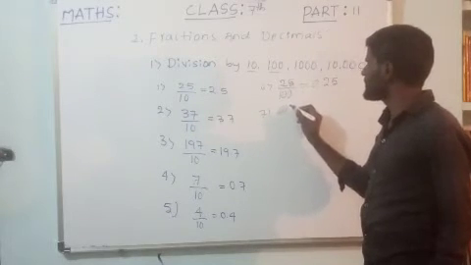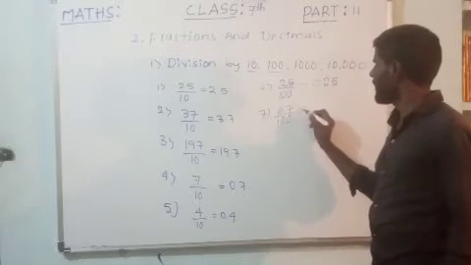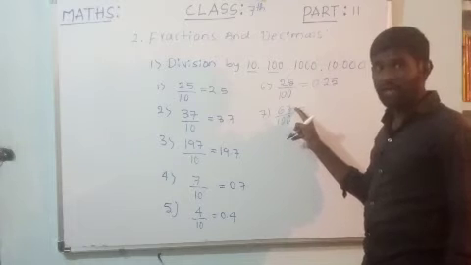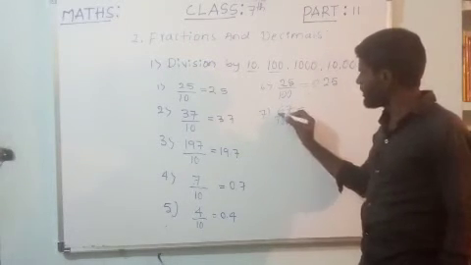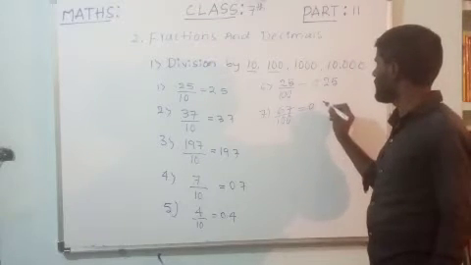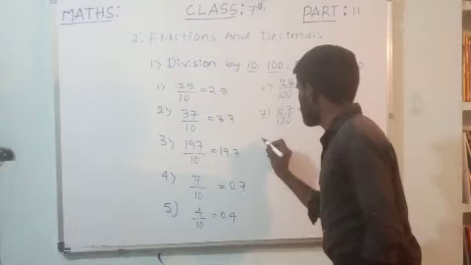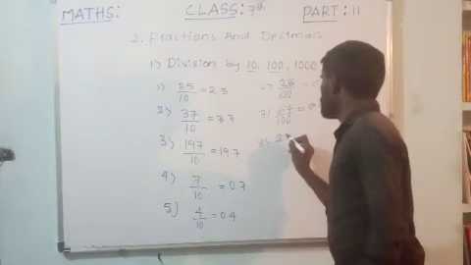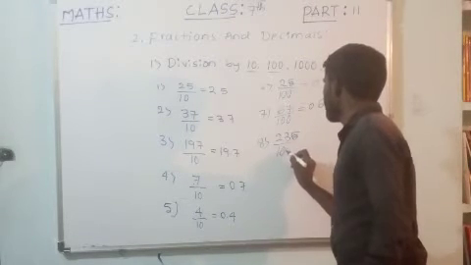Example 7. Suppose 67 by 100. Here two zeros are there. From the left side, after two places, that is 0.67. Example 8. Suppose 235 divided by 100.